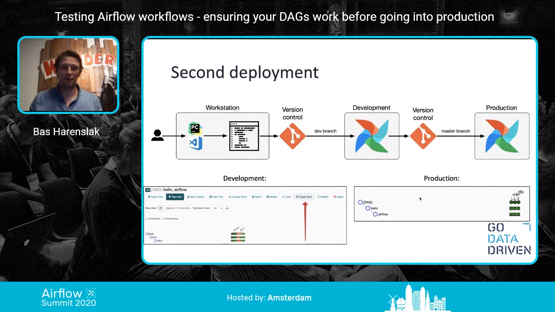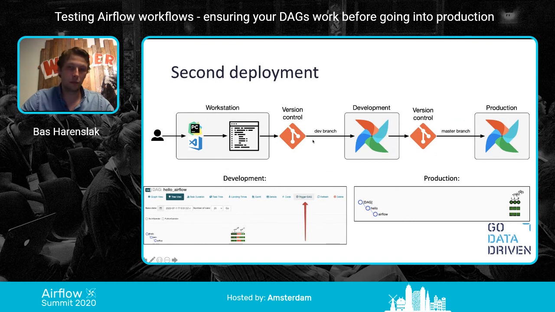When a project starts growing and growing, their setup starts growing a little bit as well. So this might be a second attempt at getting a nicer solution in place. Same setup: you have a developer, their workstation, version control.